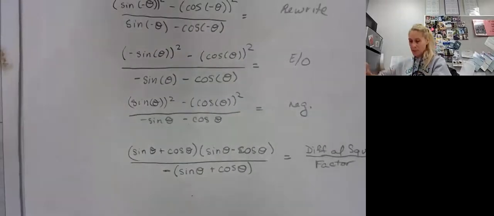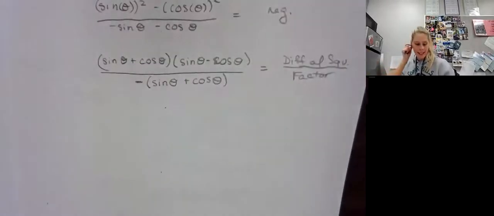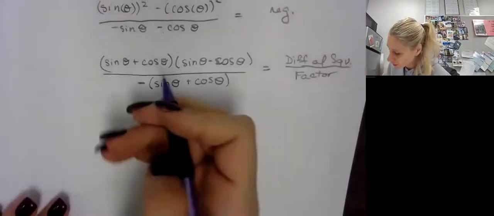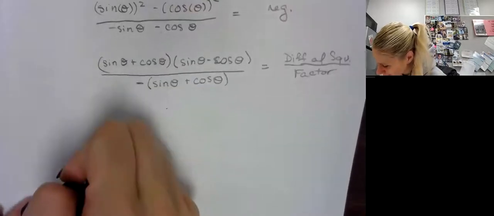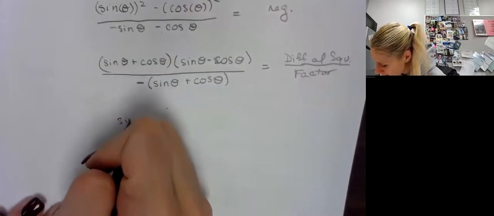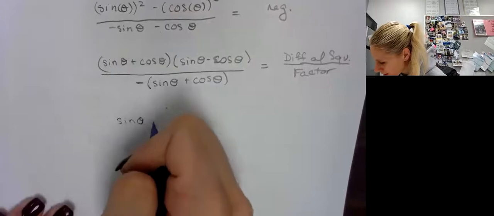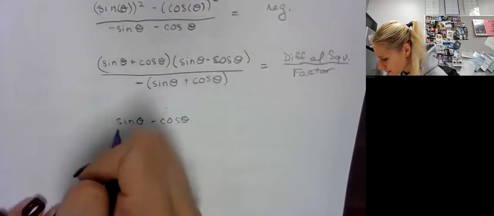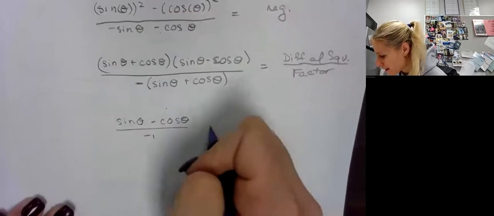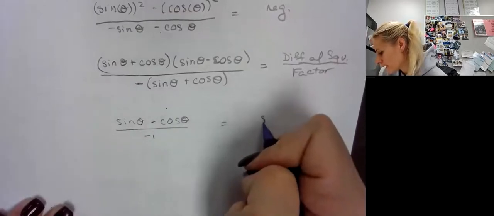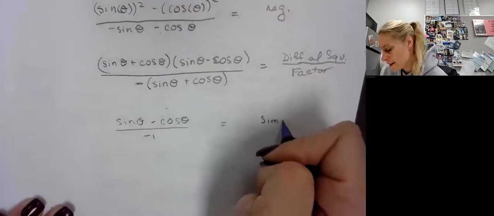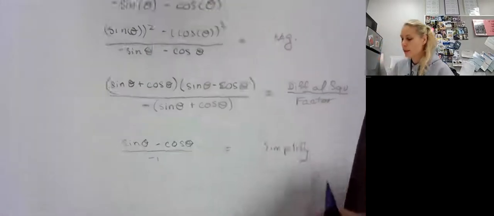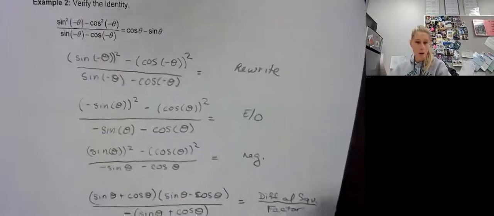What can we do next now? We can cancel, right? We can simplify. If you look, those two cancel. So we're left with sine theta minus cosine theta over -1. And that is our simplifying. Now remember, our ultimate goal is to look like the right side of that equation.